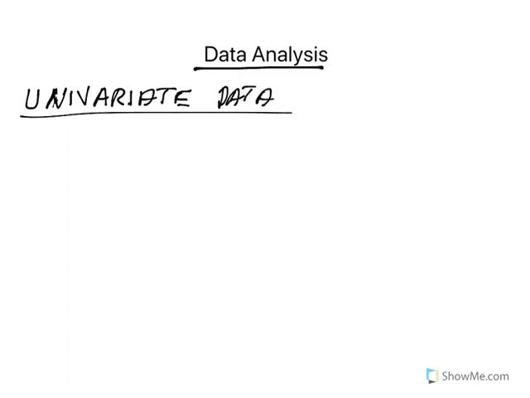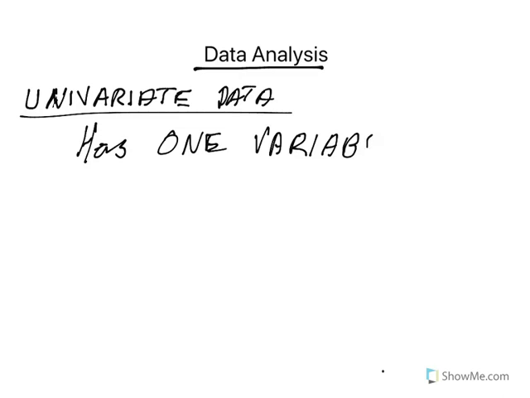So univariate data, what is it? Univariate data has one variable. All right, so whatever it is we're looking at, just one thing.